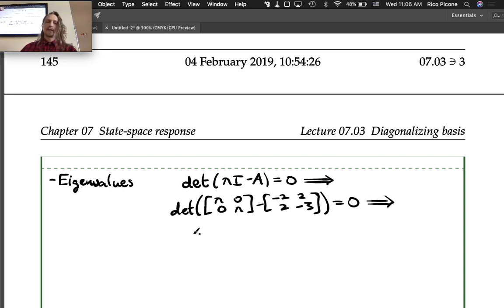Once again, going through the steps in gruesome detail, almost too much, almost getting bored. So much detail. Lambda plus 2, -2, -2, lambda plus 3.